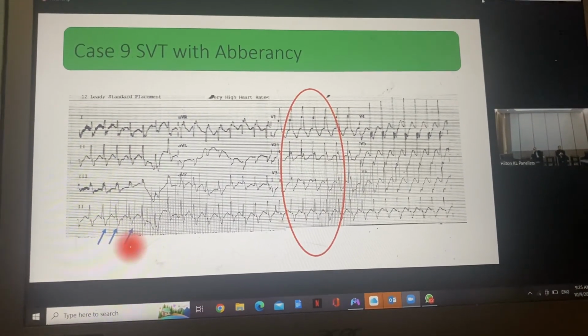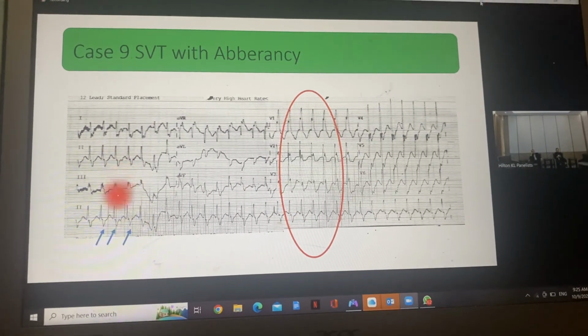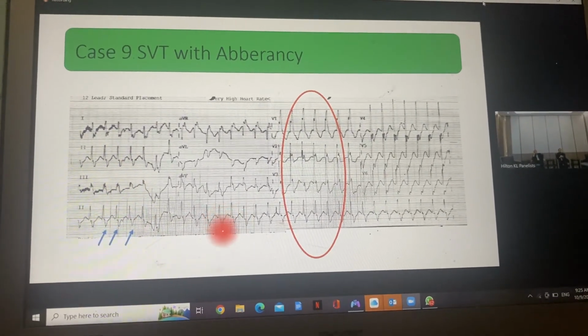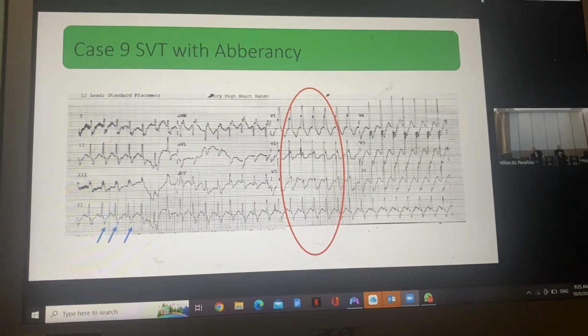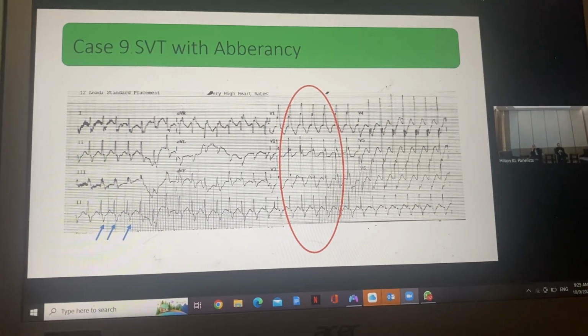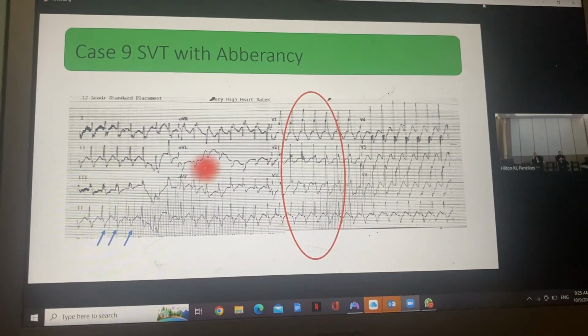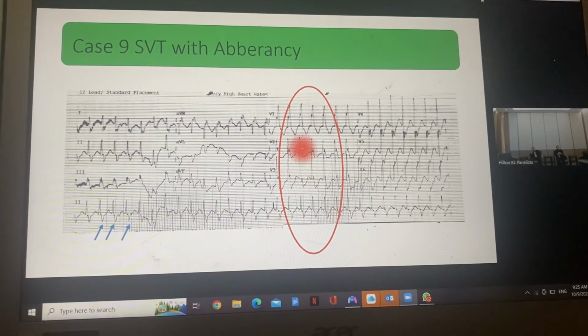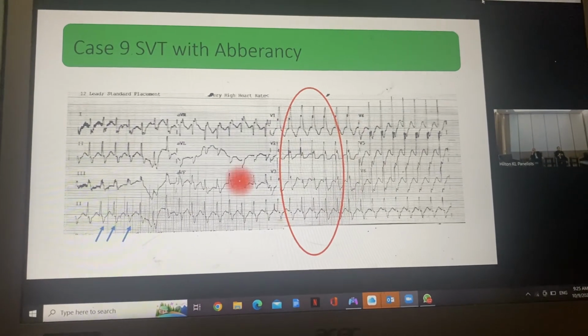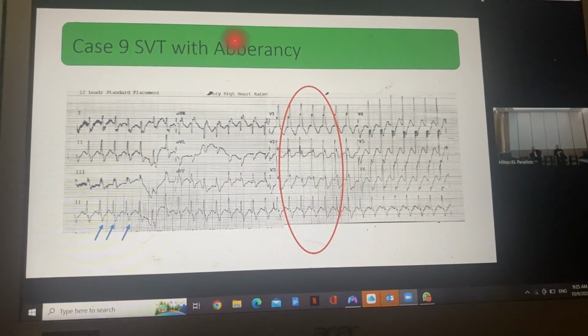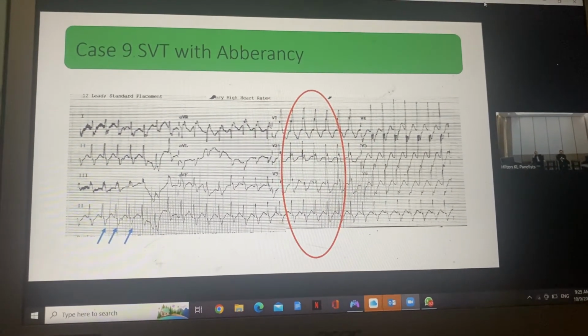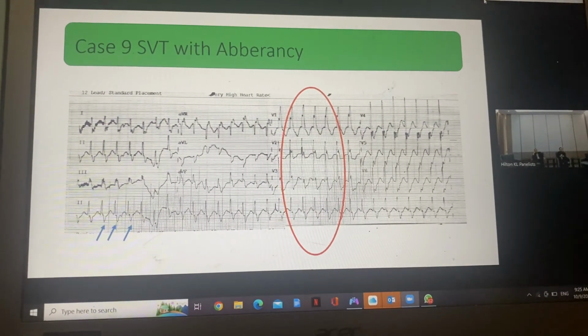When you have a retrograde P wave, which means the P wave is negative in the inferior leads, the most likely cause is a re-entrant mechanism, because with re-entry, the retrograde P wave will be negative in the inferior leads, whether it is antidromic or orthodromic. Both will come up with a negative P wave. So this is SVT with aberrancy.